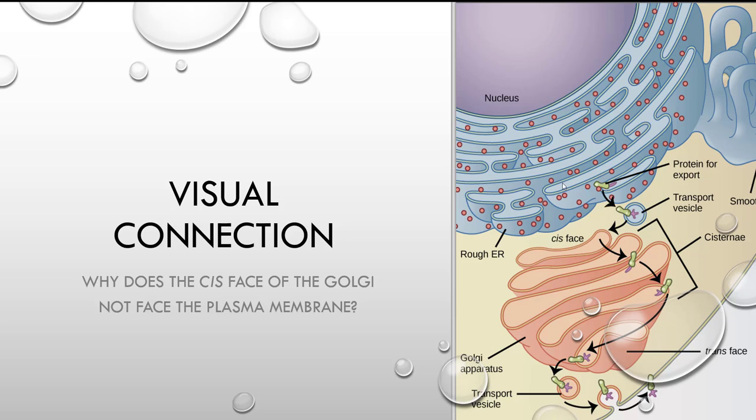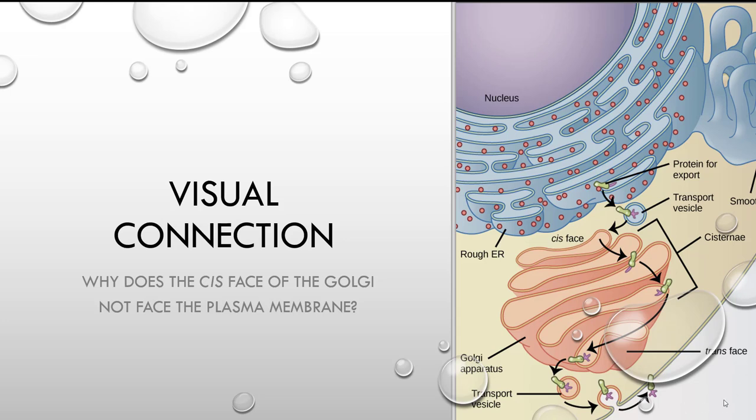And the rough ER is attached to the nucleus, which is towards the center of the cell. So it doesn't make sense for this to be switched. The Golgi apparatus is not receiving anything from the plasma membrane. It's receiving from the interior of the cell, from the smooth ER or the rough ER.